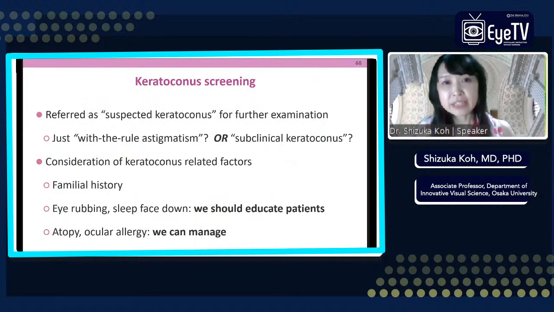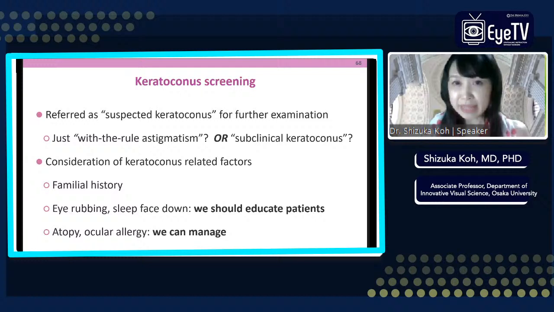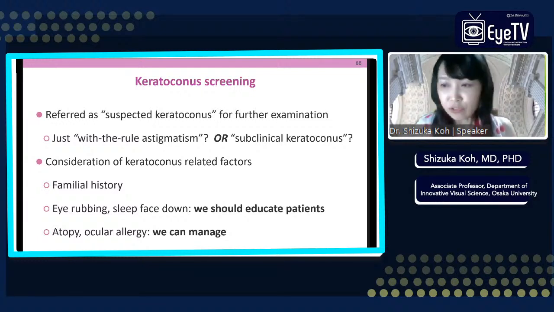Many teenagers are referred as suspect keratoconus for further examination since they have high astigmatism or for other reasons. Consideration of keratoconus-related factors such as familial history, eye rubbing, sleeping face down, atopy, and ocular allergy is very important.